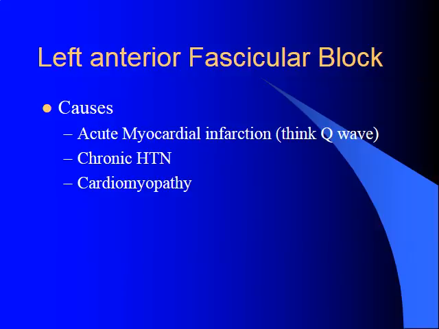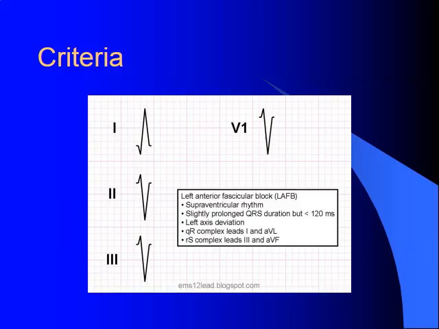First, we'll look at the causes, which can include myocardial infarction, or Q waves, chronic hypertension, cardiomyopathy. There's a few more. So what we're thinking of when we have a left anterior fascicular block is that we need to have these findings here.